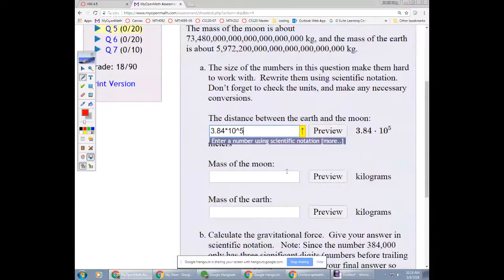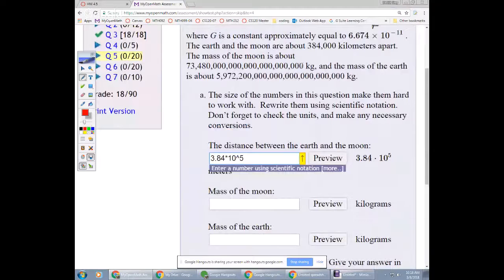And then the mass of the moon. Okay, so that one we're going to have to be a little bit more careful. So mass of the moon is the first one. 1, 2, 3, 4, 5, 6, 7, 8, 9, 10, 11, 12, 13, 14, 15, 16, 17, 18, 19, 20, 21, and then one more for 22.